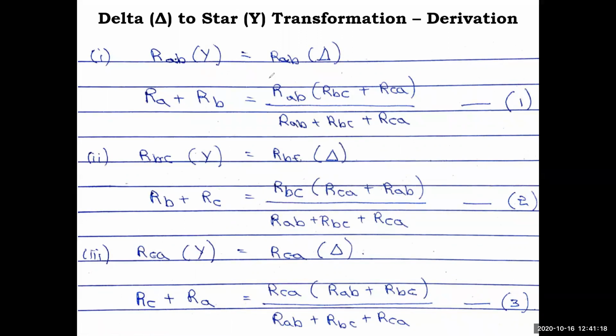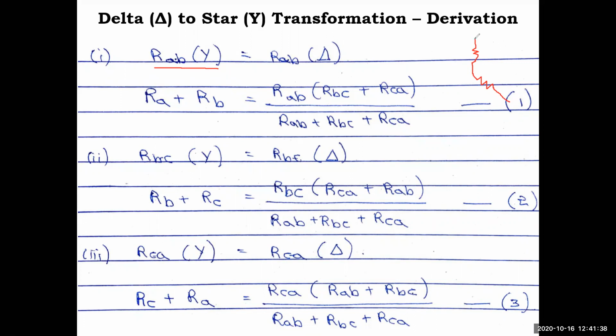What you have here is RAB of the Y network. So this is A and this is B in the Y network, right? Only these two, and the rest we have made open circuit, is equivalent to RAB of delta.